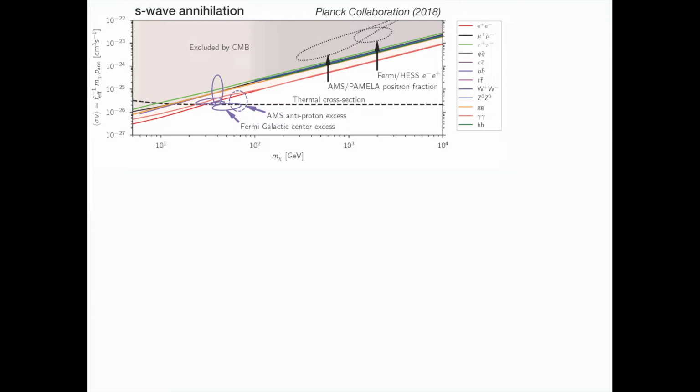But this is nice because now we can ask in indirect detection experiments that we perform, what is the consistency between some anomaly that has occurred, say like with the AMS positron fraction excess, and a dark matter interpretation of that. Does that coincide, or is that okay with the CMB constraints? And for this, the answer is that they are inconsistent with one another.